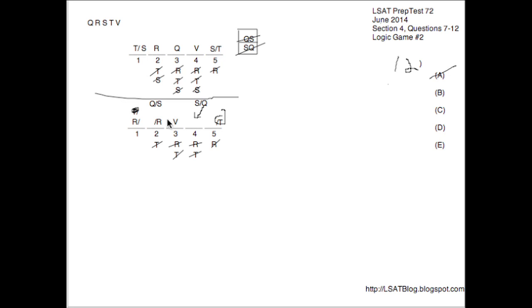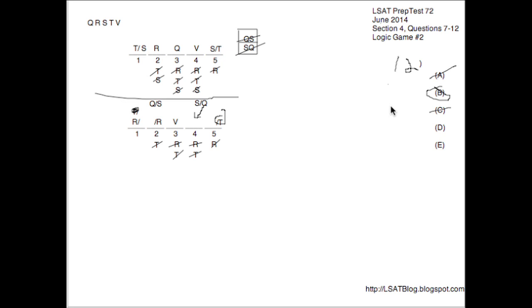So saying that R has to go earlier than V is effectively forcing it to be either first or second, so that actually works out fine. So we could pick that, but I would understand still wanting to run through the others just in case. So V being third or fourth, we actually already know that based on other rules in the game. So C is gone.